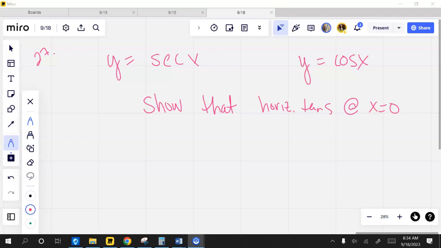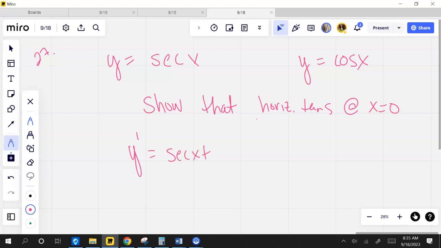Okay, I'm ready now. Sorry, I was deciding which problems I was going to work with you. For this one, since it's telling you they have a horizontal tangent at x equals 0, how do I show that? I'm going to find the derivative first. What's the derivative of secant x?